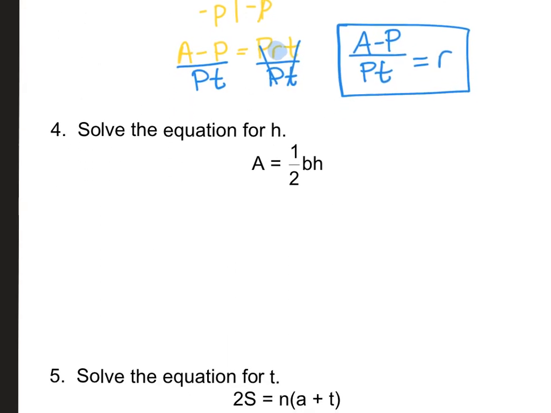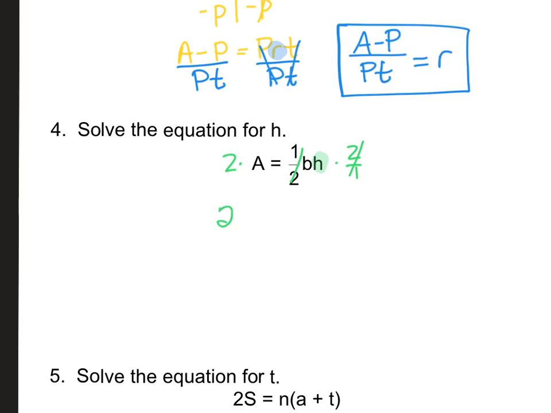So for number 4, we want to get H by itself in this problem. The first thing we could do is get rid of that 1/2 that's in the front. And remember, to get rid of 1/2, we can multiply by the reciprocal. That means multiply both sides by 2.